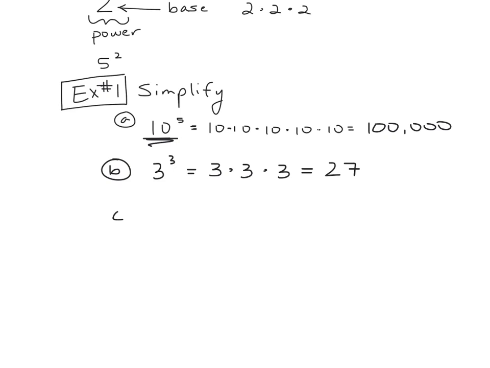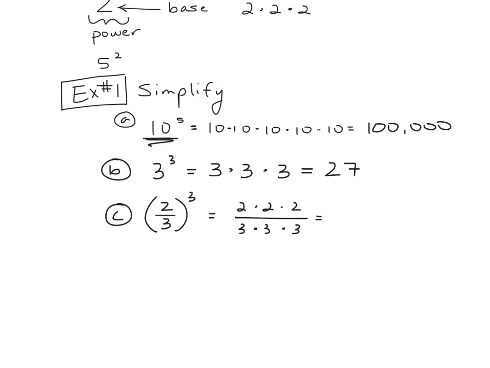All right, this one's a little bit fancier, but it's the same process. What if I have a fraction taken to a power? So if I put this in parentheses, it's 2/3 to the 3rd power, okay? Right, so basically what you're doing is 2 times 2 times 2 on top and 3 times 3 times 3 on the bottom, okay?